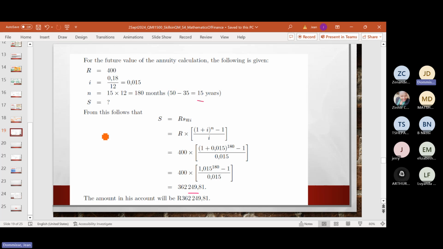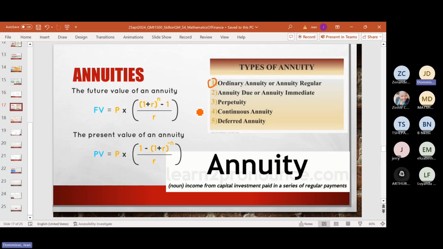But let's quickly see. So R is 400. There's your interest rate. There's your N. You want to work out your future value. So out of these formulas, we would have used that one for our future value. Let me just quickly show you.